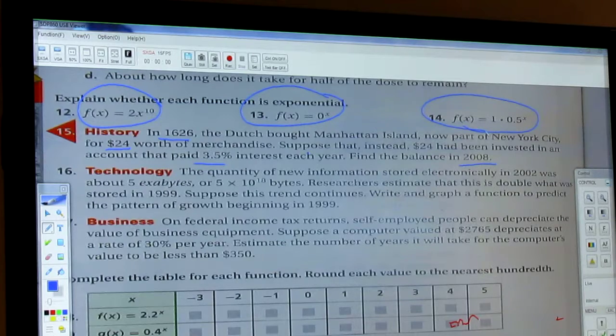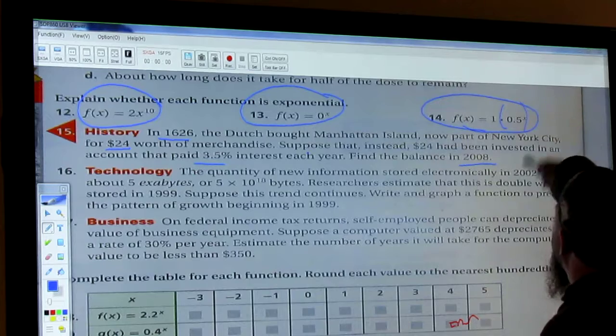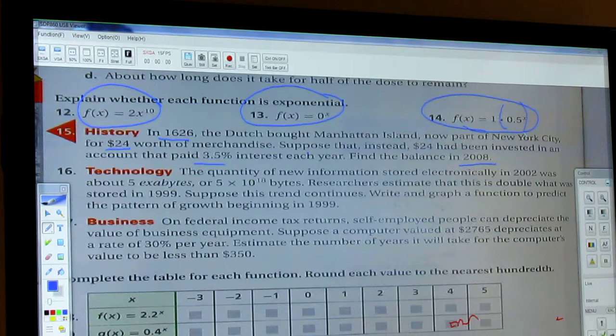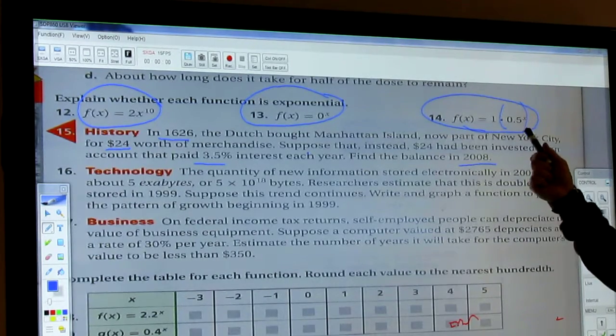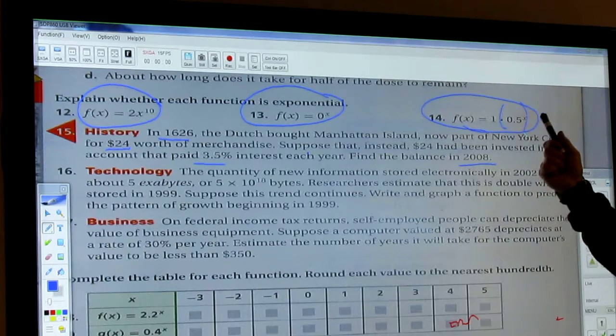Now, is it growth or decay? That's the tricky part. Now, it says 1 times the quantity, so in essence, this should look like that. So it's 0.5. Now, if this number in here is bigger than 1, it's going to be growth.